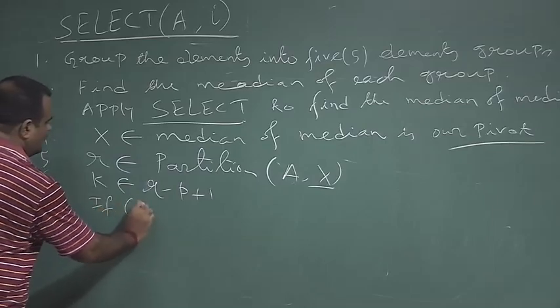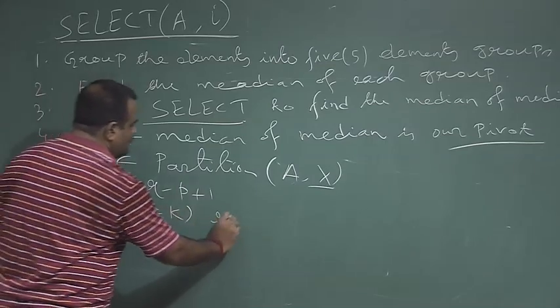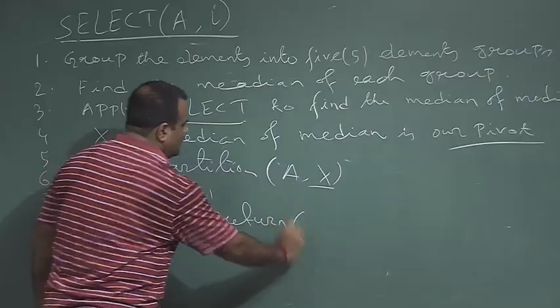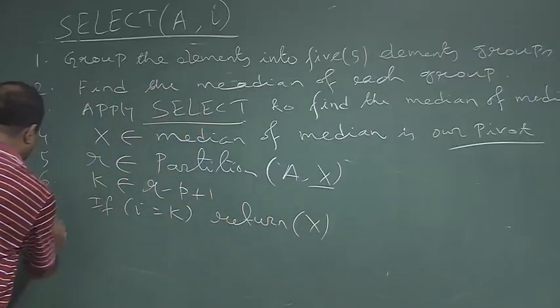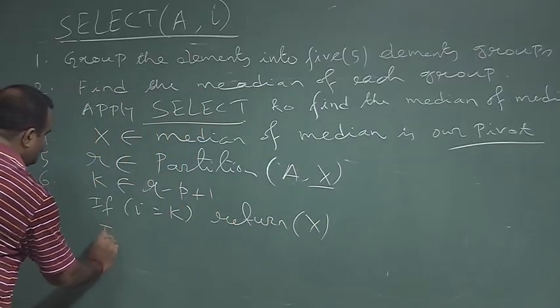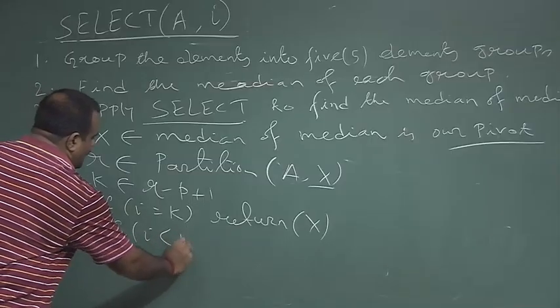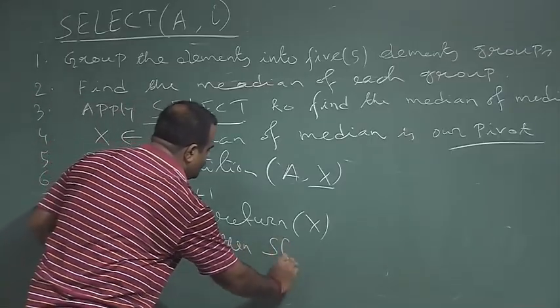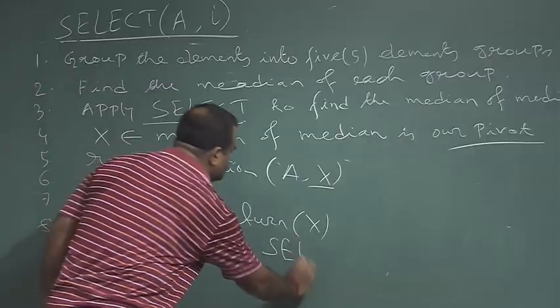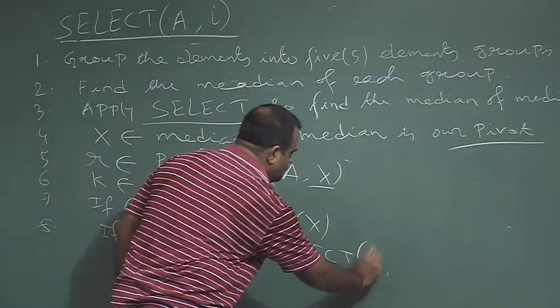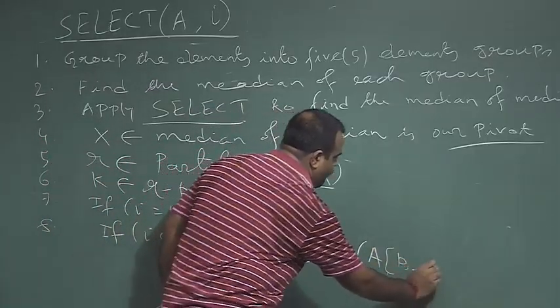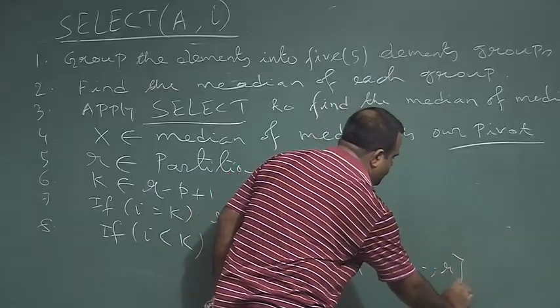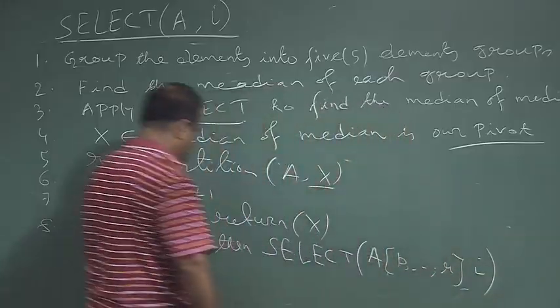If i is equal to k, then we return x, else if i is less than k, then we call select on the left part of the array with the same i.